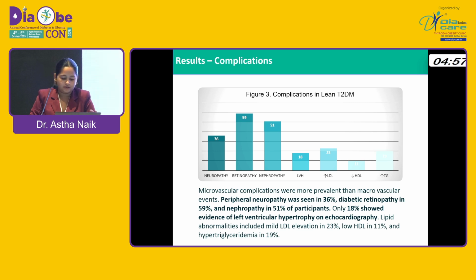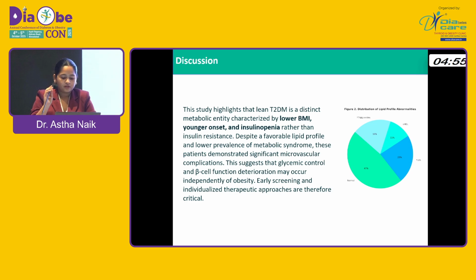to the obese diabetic patients. So our findings highlight that lean type 2 diabetes is not a mild or a low risk form of diabetes. Despite being younger and non-obese, these patients had a high burden of microvascular complications. This supports the hypothesis that there are underlying problems in lean diabetics, insulin deficiency due to beta cell dysfunction rather than obesity-driven insulin resistance.